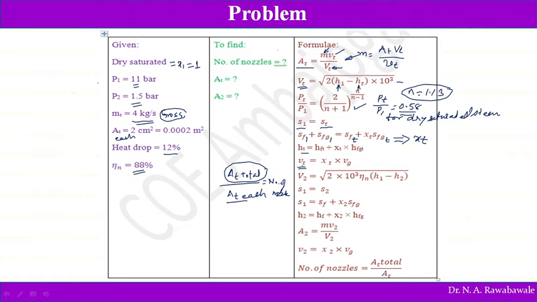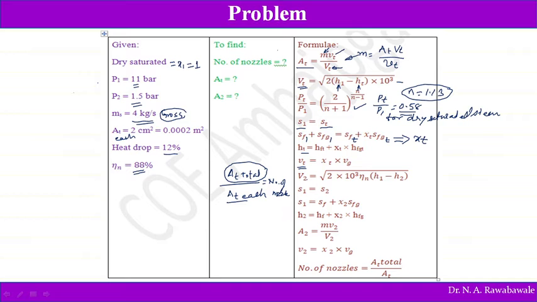Once we know specific volume and enthalpy, we can find the velocity at throat, and then the total area. Total area divided by area at throat for each nozzle, which is already given, gives the number of nozzles.